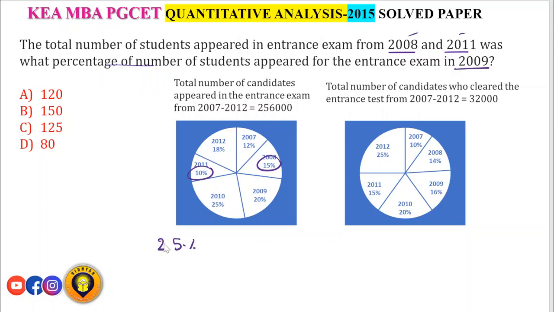So these are what percentage of number of students who appeared in 2009? In 2009, how many students appeared? 20% students appeared. So this is what percentage? 25% divided by 20% into 100. Percentage gets cancelled. 5 by 4. So how much will you get? You will get 125 percentage.